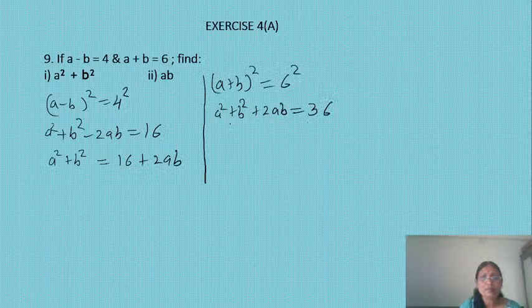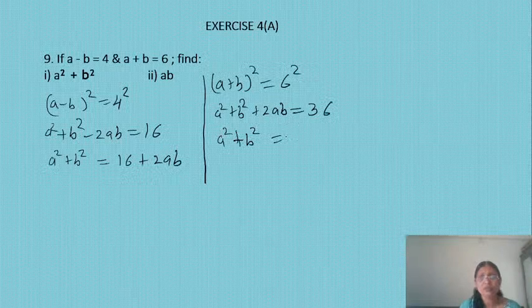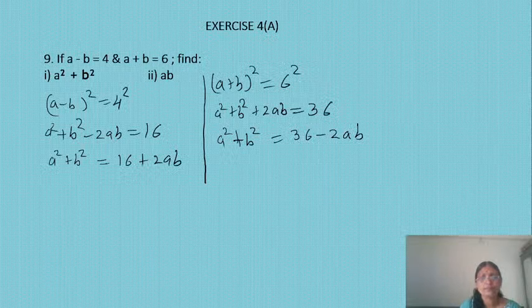So a square plus b square is equal to 36 minus 2ab. Or you can do one thing, in place of a square plus b square, we can substitute 16 plus 2ab.